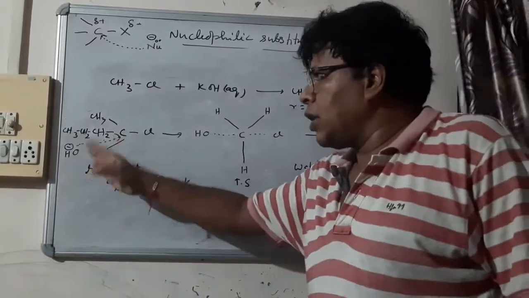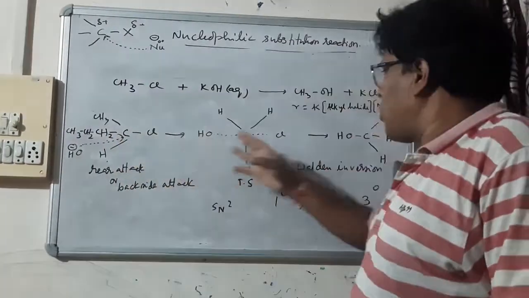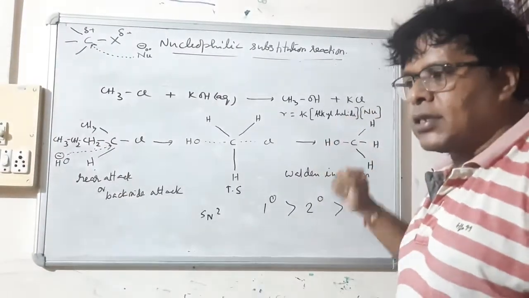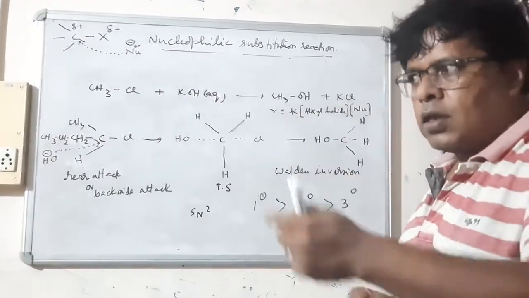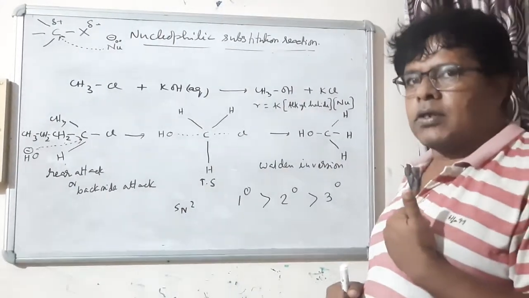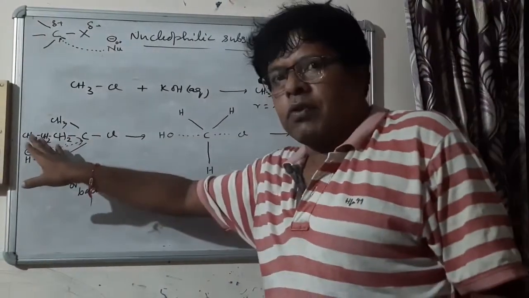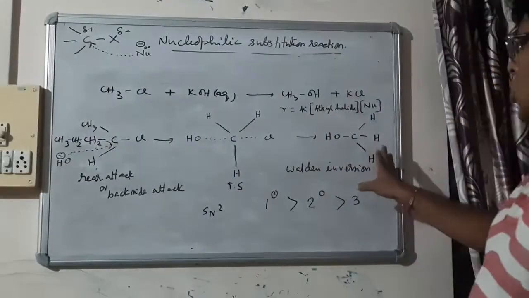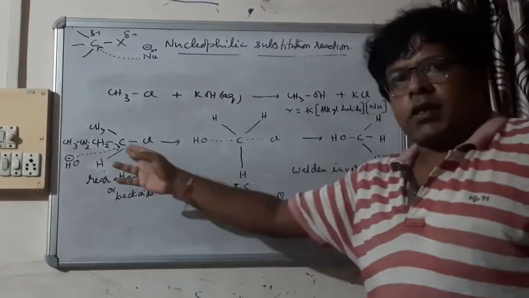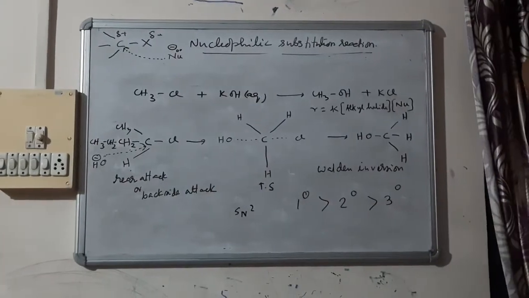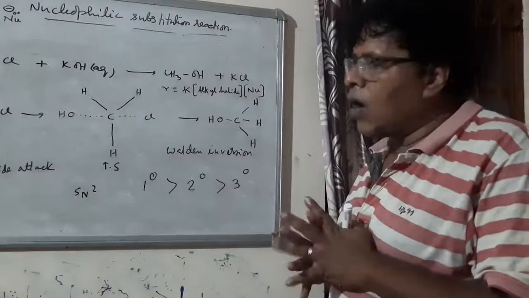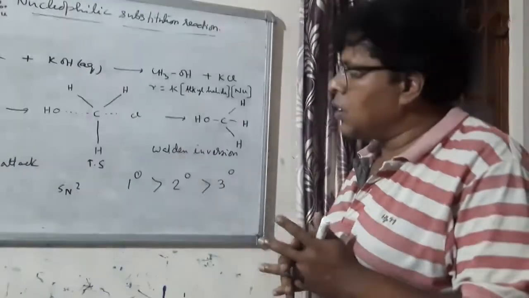After the reaction, we see the product is also optically active. In SN1, we started with an optically active compound, but the product was optically inactive. Here, we started with optically active, and the product also is optically active. And this can happen only if the mechanism is SN2. So, SN1 and SN2 mechanisms have been discussed.